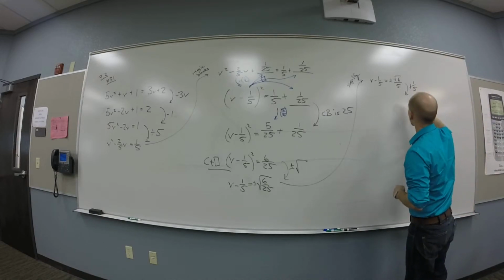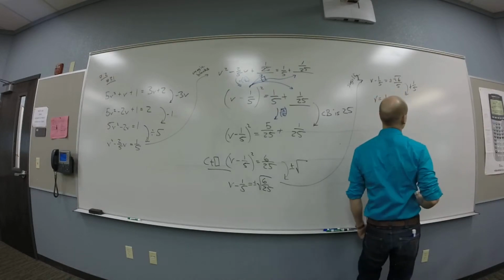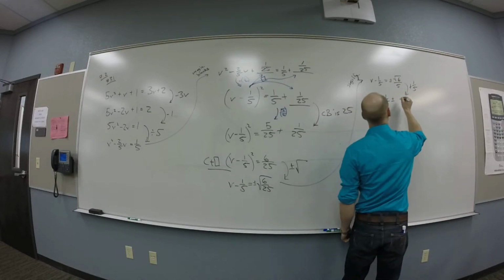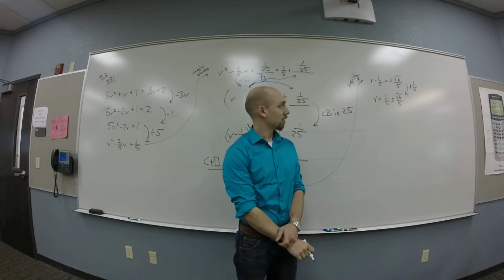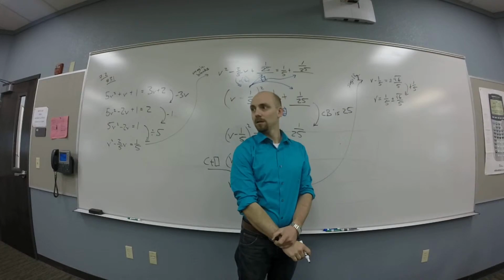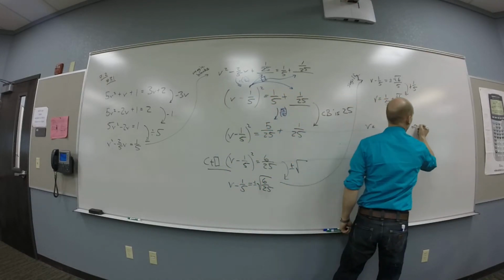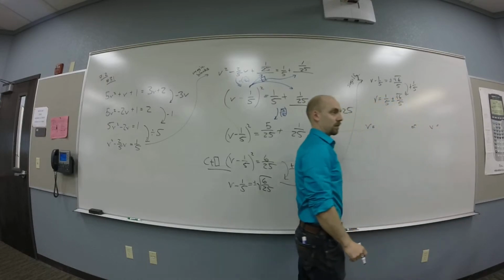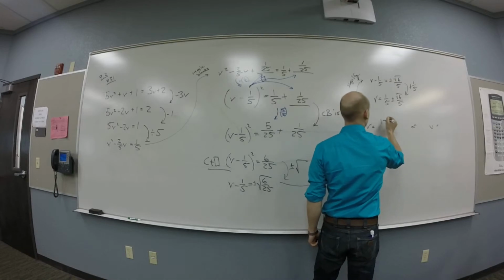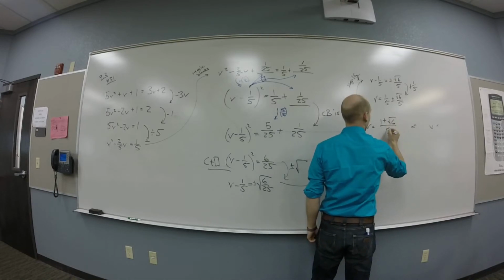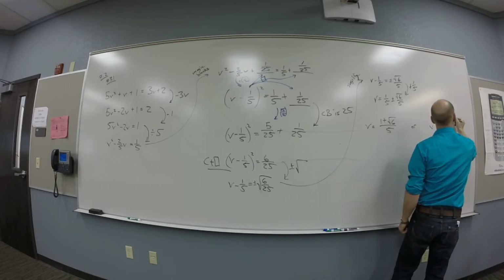Add 1/5 to both sides, so I got v is 1/5 plus or minus root 6/5. Then what? Okay, there should be 2 answers. So v is 1 plus root 6 over 5, or 1 minus root 6 over 5.